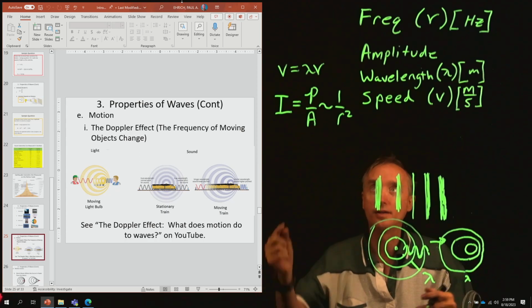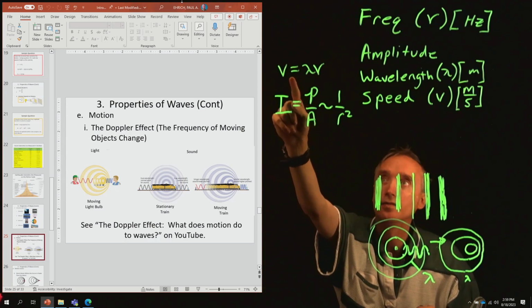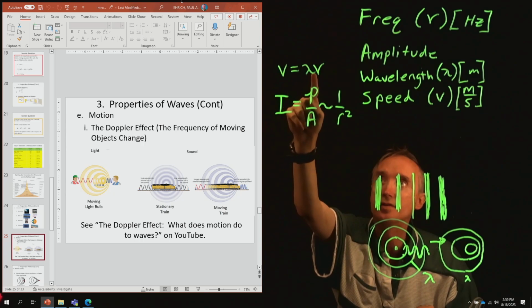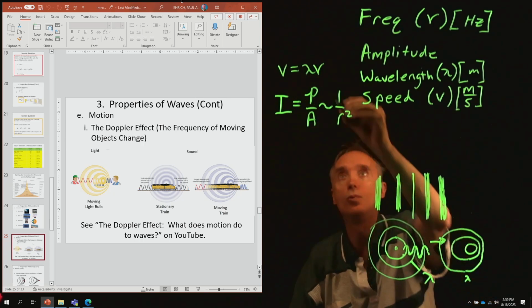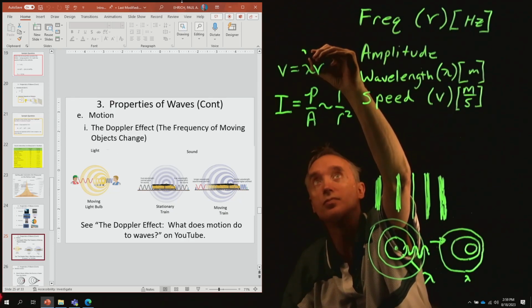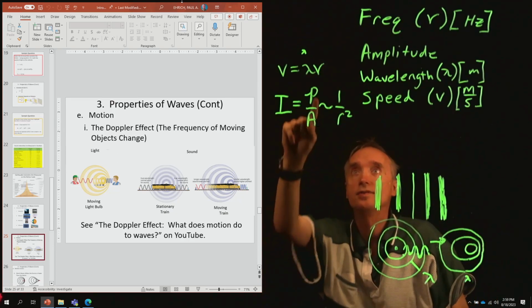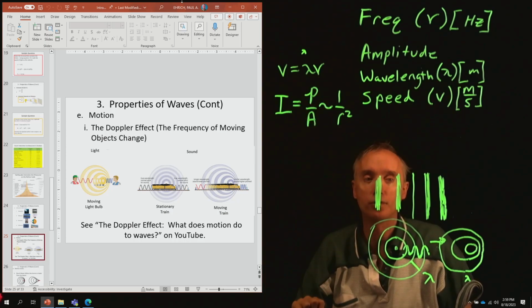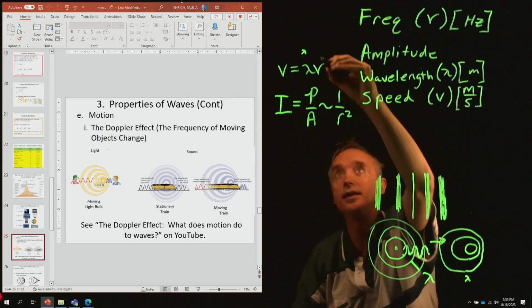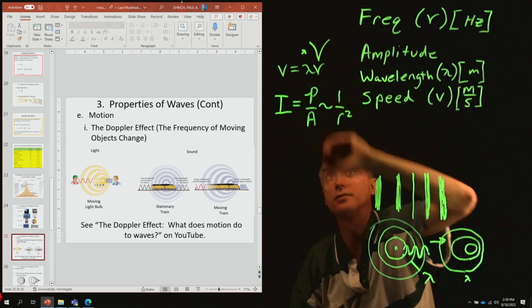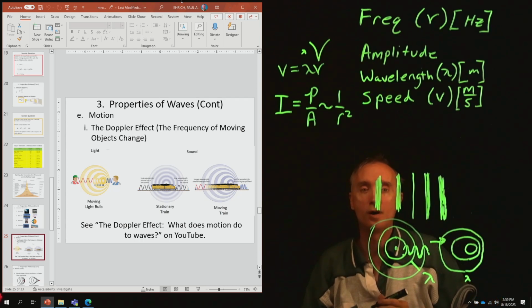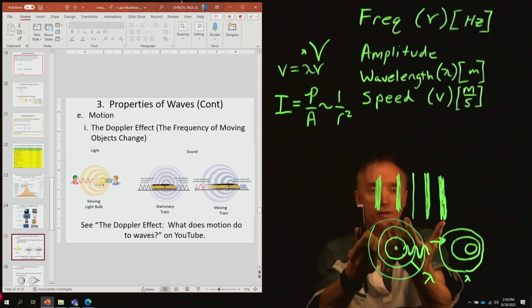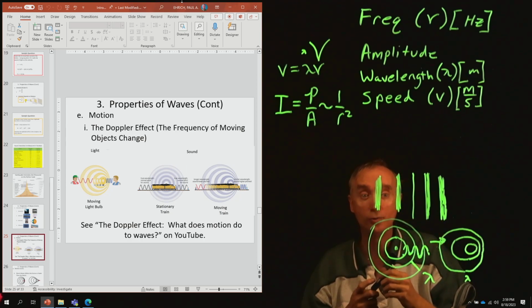Who cares? All right, now let's go back up to here. The speed of any wave is its wavelength times its frequency. So if the wavelength gets smaller, what does the frequency have to do in order to compensate? It has to get bigger. So that was the reason why he said that as a wave is moving towards you, the frequency goes up.